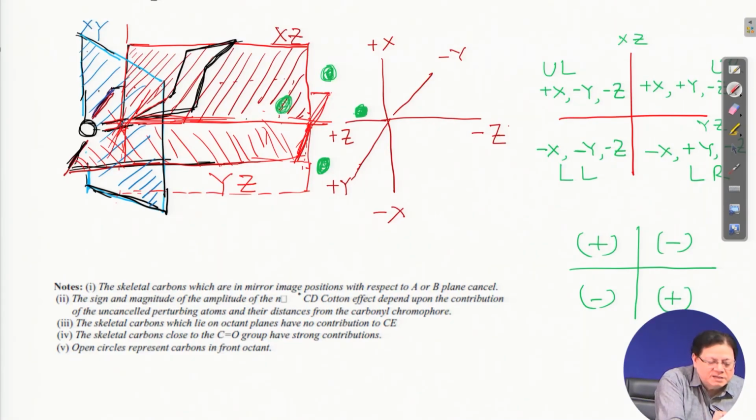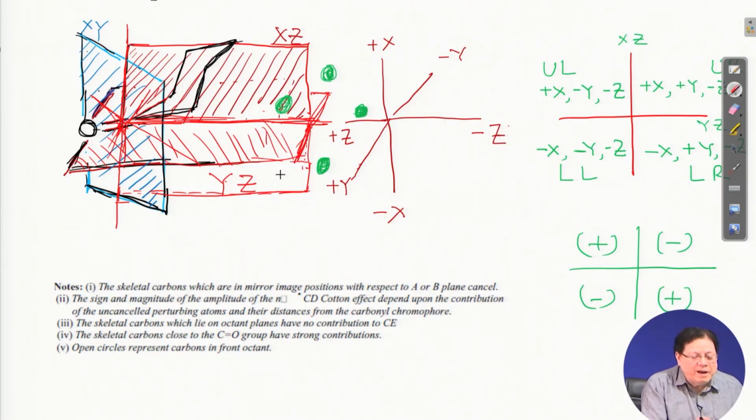If you think that this is the z axis, this is the x axis and this is your y axis, going somewhere through here, these three planes segment the space, first of all, into front and rear octants.